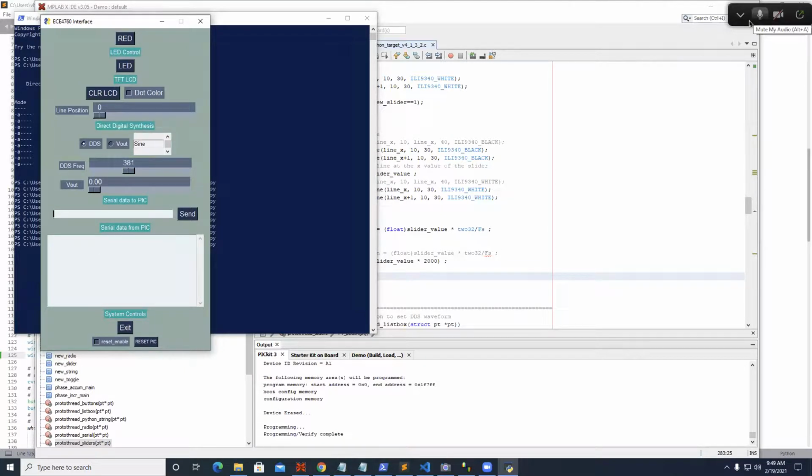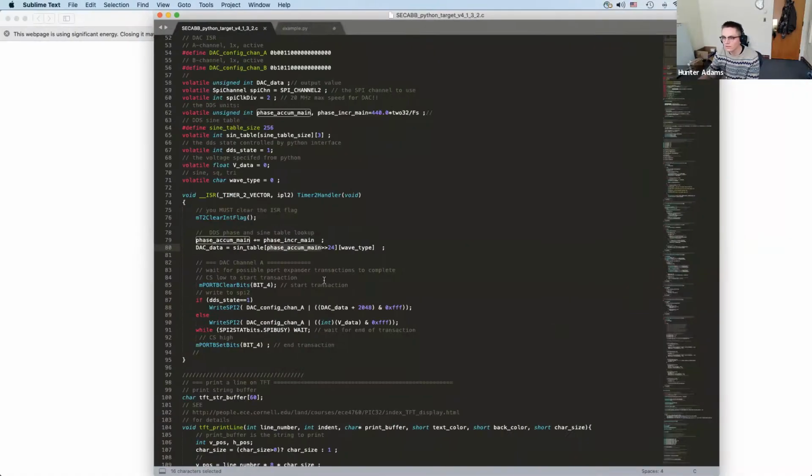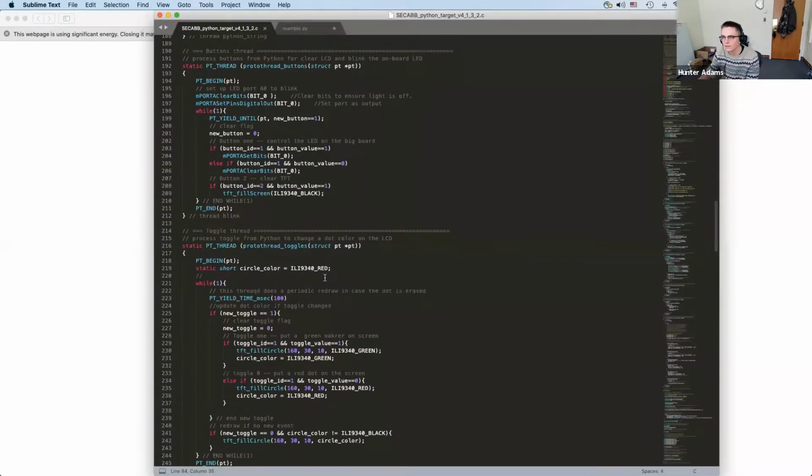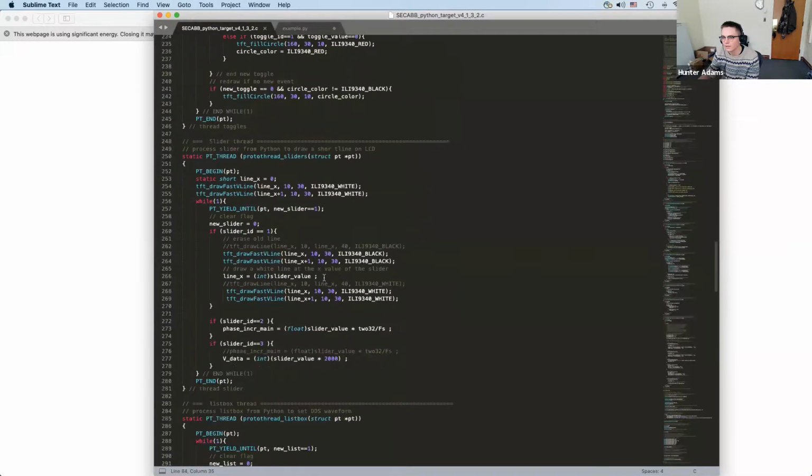As I slide that, what I'm changing is F out in that expression, in the slider thread. What I'm changing as I slide that is this slider value, so desired frequency.